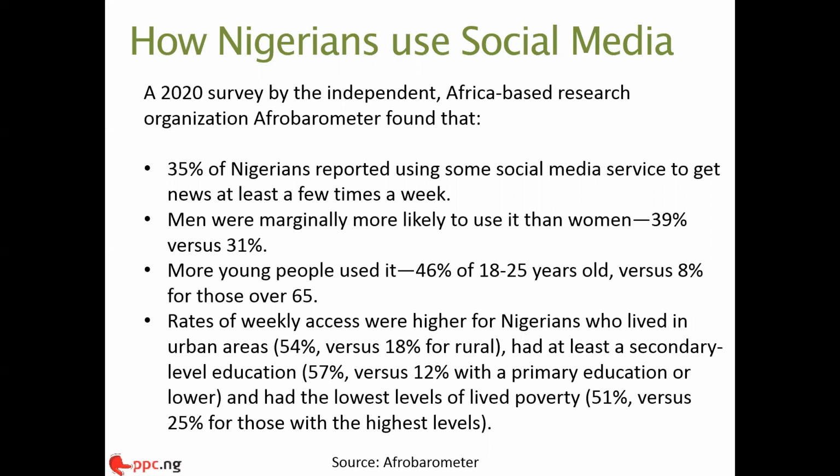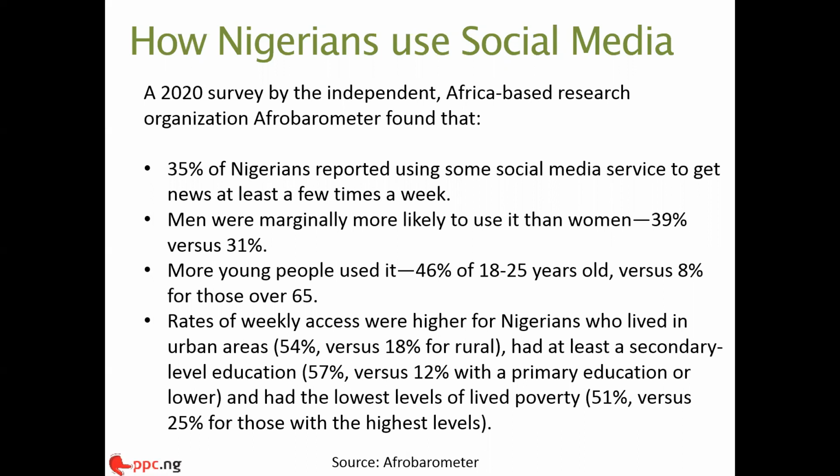At least a secondary level education and primary education. So also trying to compare in terms of the educational level of those making use of social media platforms. Those who have secondary level education are usually at an advantage. They use social media more often at 57% compared to those who only have primary education or less, at 12%.